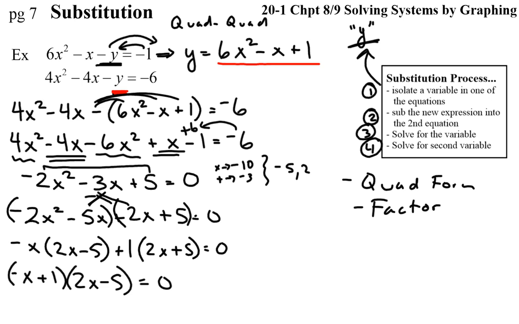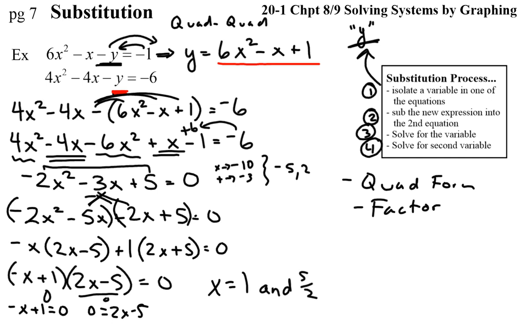And so now if this equaled 0, -x plus 1 equals 0, well then x equals 1. And if this equaled 0, 2x minus 5, add 5, divide by 2, 1 and +5/2 would be the two x values.